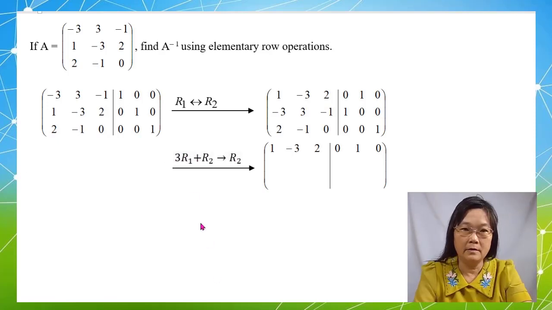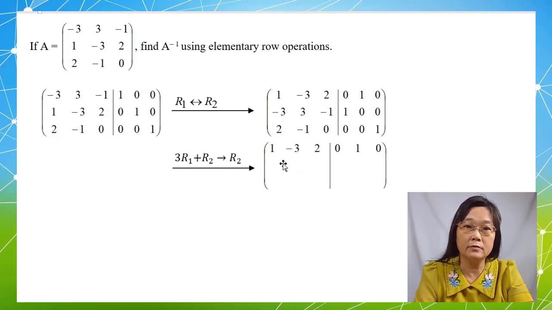So I'm going to use this operation where I multiply 3 to row 1 and add into row 2. Once I have determined the suitable operation, all the elements in row 2 will be changed by using this operation. For the first number, negative 3, 3 multiply 1 is 3, add to negative 3, so 3 minus 3 is 0.